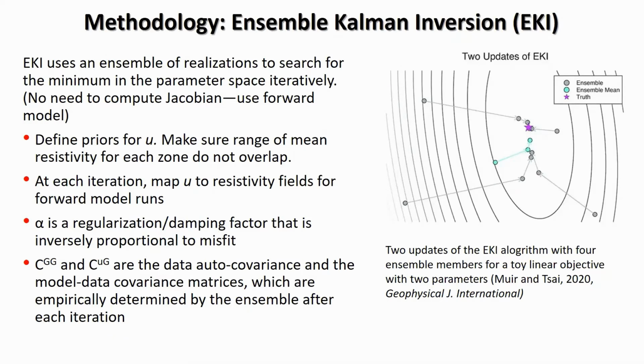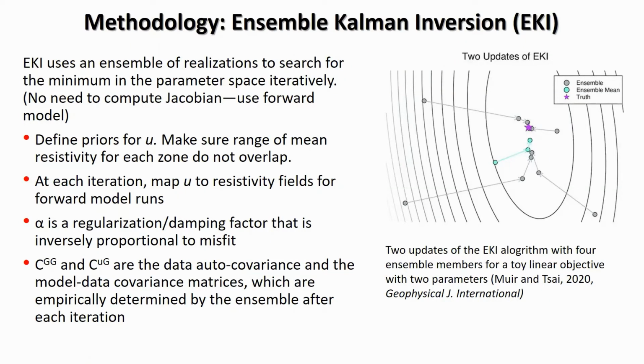Remember that we're solving for the hyperparameters U, and the hyperparameters will define the spatial pattern of the resistivity field. So we need to define the priors for the hyperparameters, and we need to make sure that the mean resistivity for each of the zones doesn't overlap.